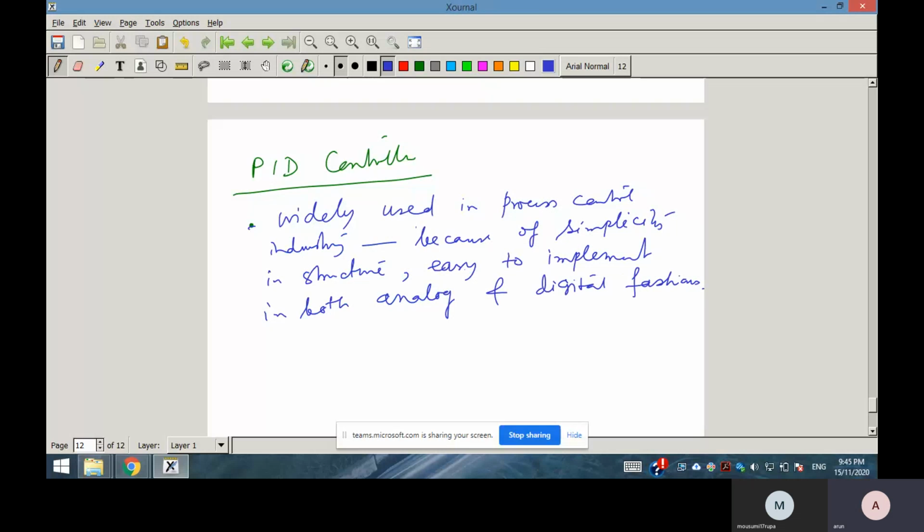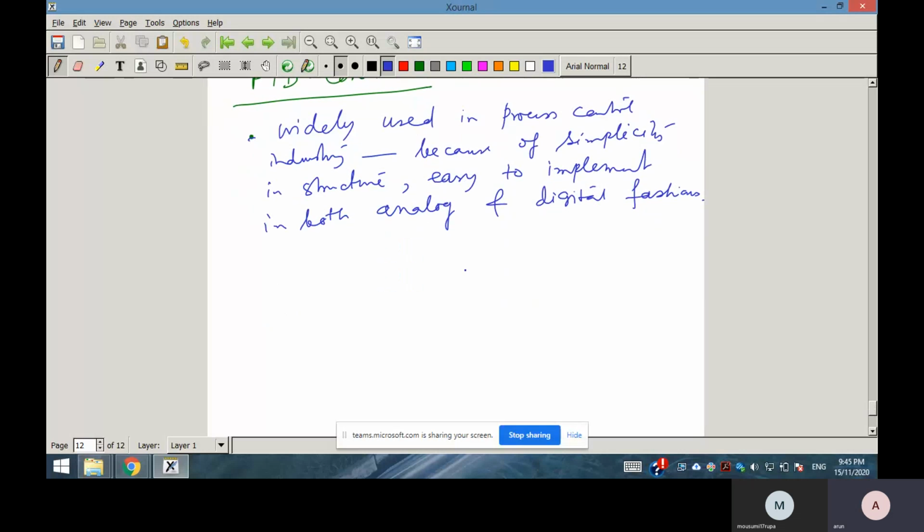So these are the main advantages. Very simple structure, only three gains are there. Using op-amps you can implement it in analog, and using an embedded processor you can also implement it digitally. So that's the advantage.